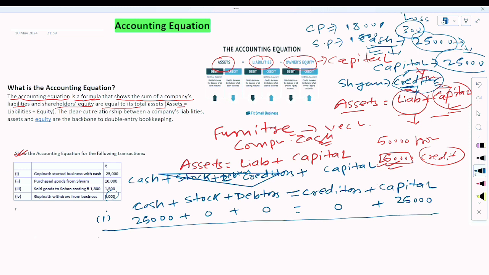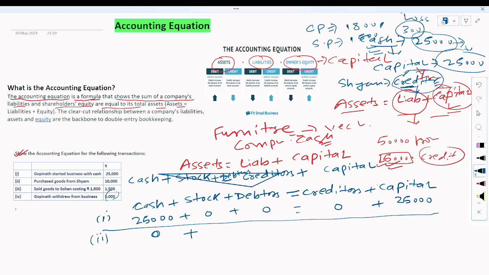For transaction number two, purchased goods from Shyam, rupees 10,000. As I discussed earlier, whenever you are purchasing goods from someone and their name is mentioned, it means he is purchasing the goods on credit. So there will be no impact on cash, because we are not purchasing goods with cash.